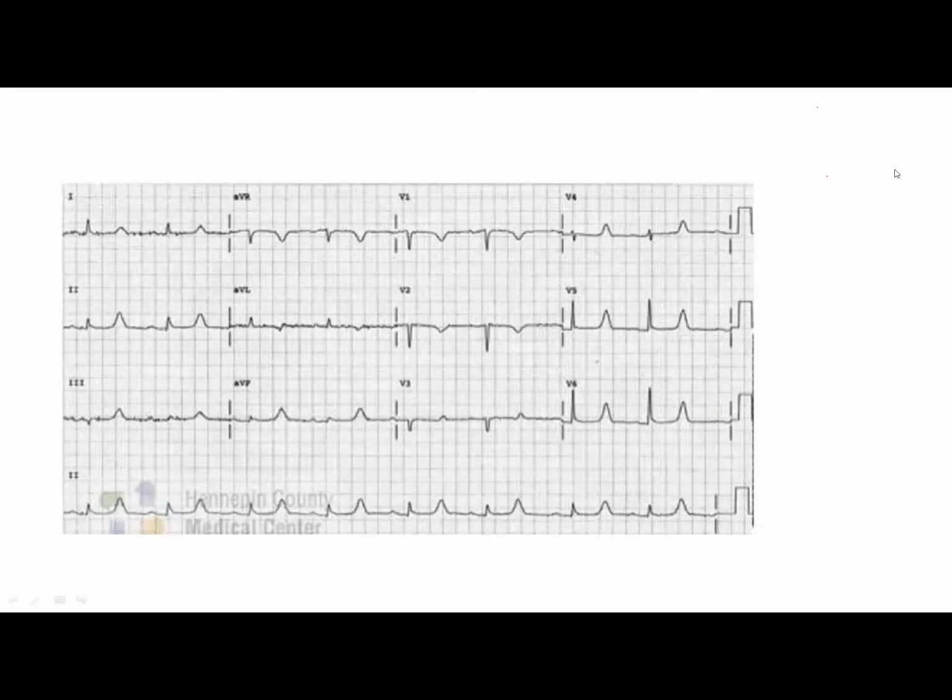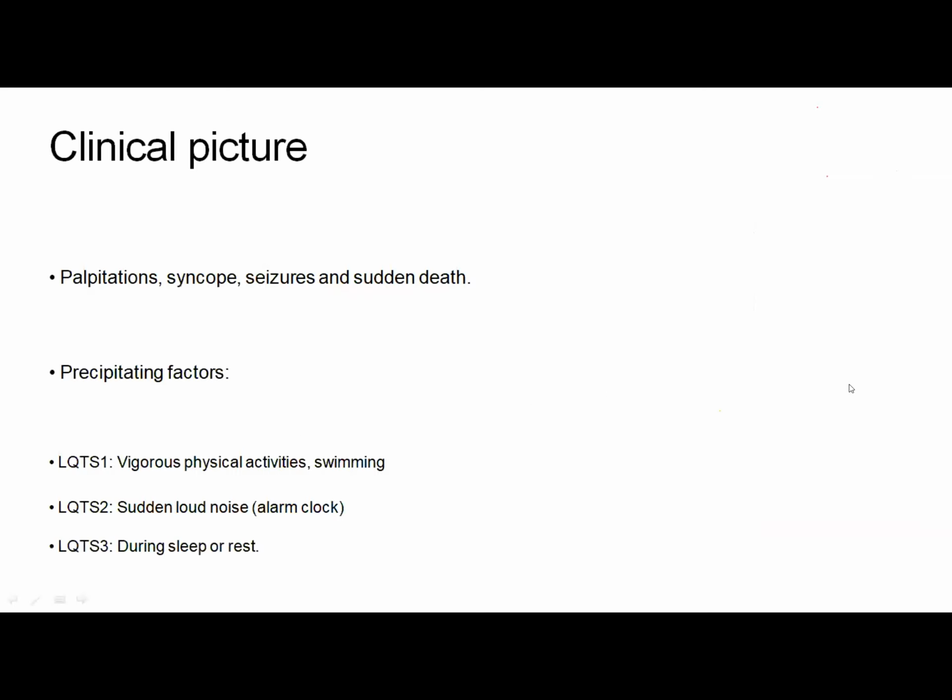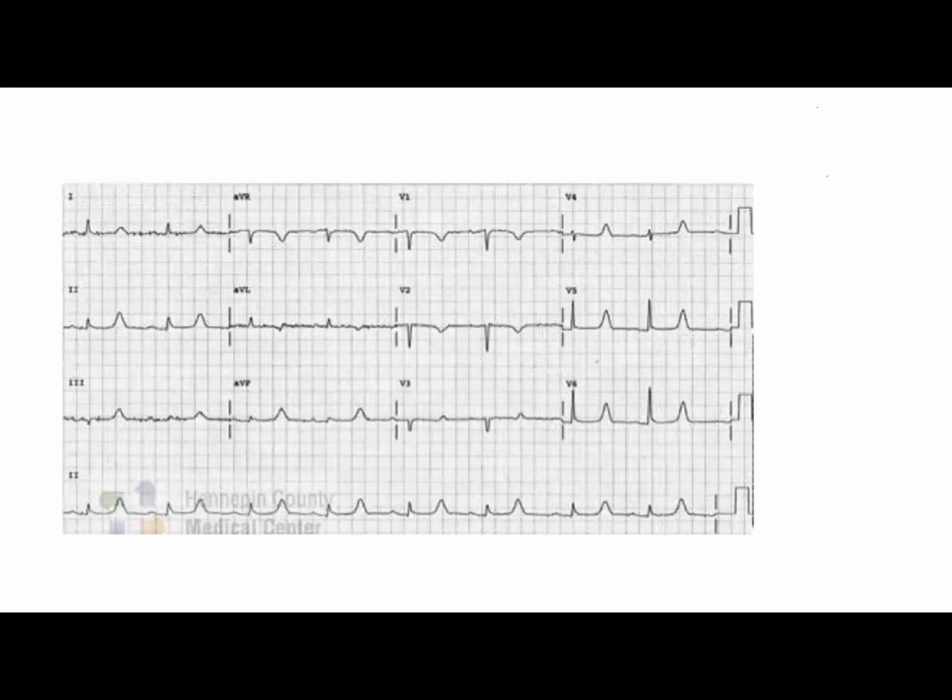So how do you calculate the corrected QT interval in the child? From the start of the Q wave to the end of the T wave, ma'am, that will give the QT. The number of small boxes we can multiply with 0.04. Okay.